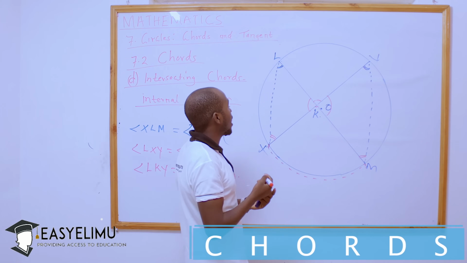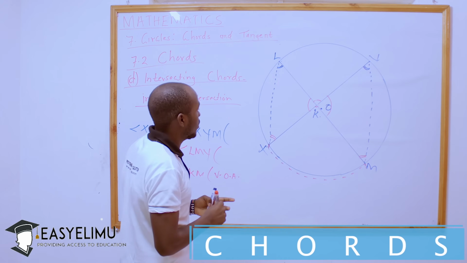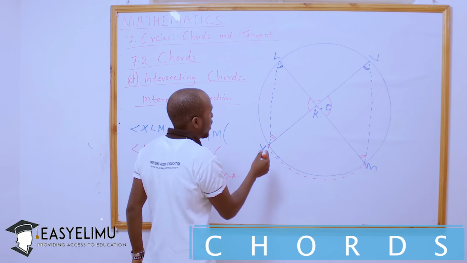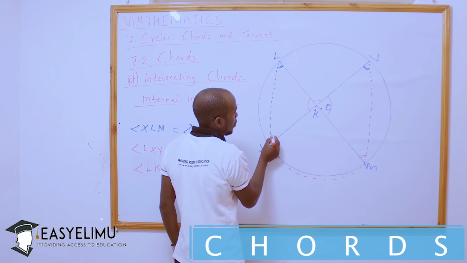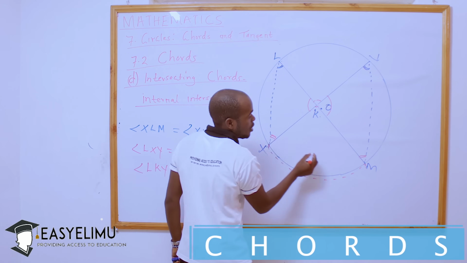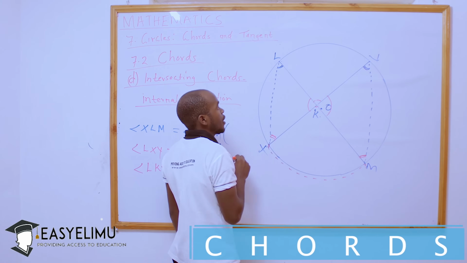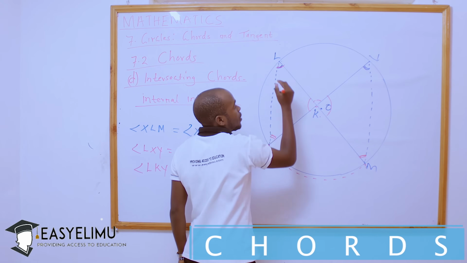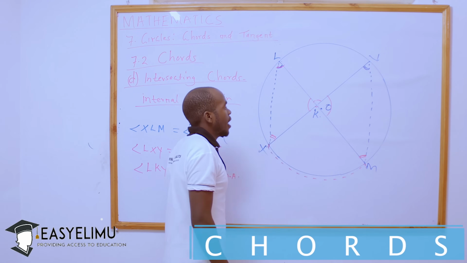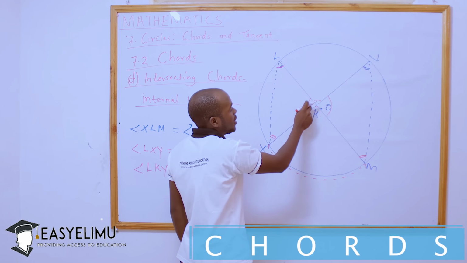So having that, we have found that this angle here is similar to this angle. The other angle here is similar to that angle there. And this angle here is similar to that one.